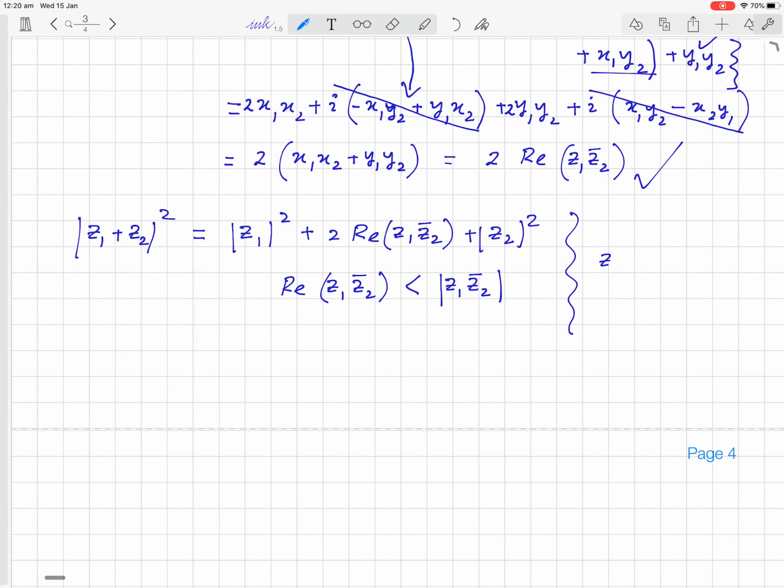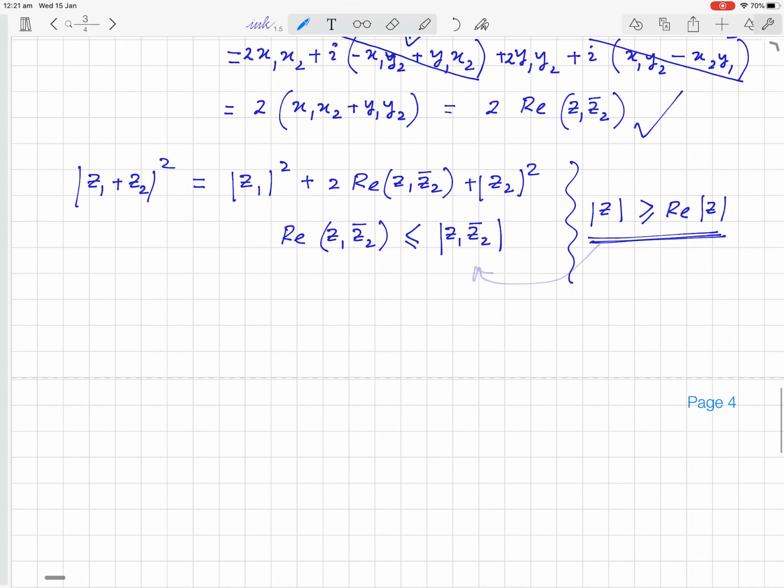We have seen that |z| is greater than or equal to real of z. This is the most important relation that we have taken.